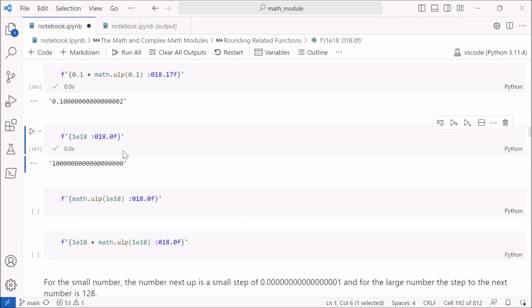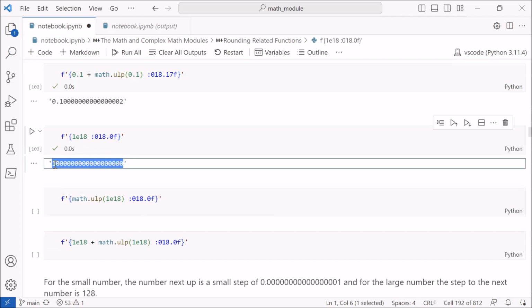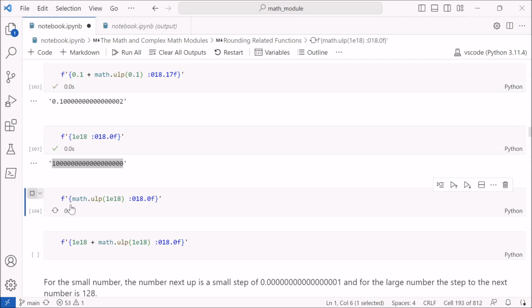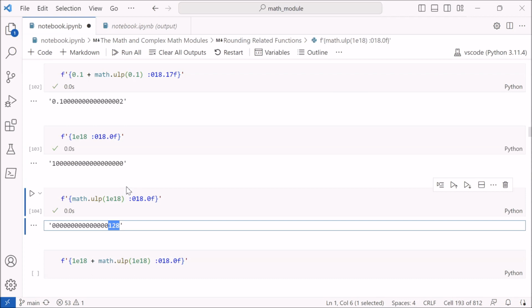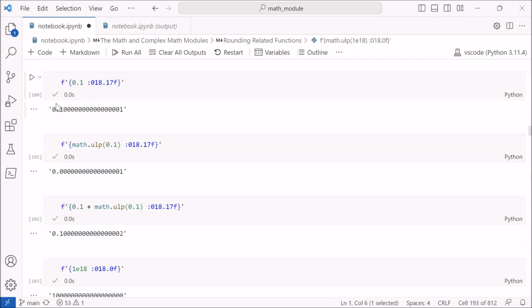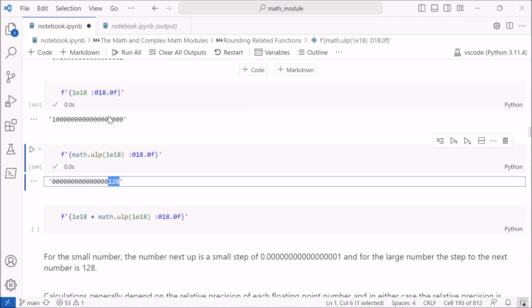So if we take a large number, so this one has a lot of zeros before the decimal point, and we have a look at the unit in last place, we see we've actually got a massive number. So this is 128. So it's not massive compared to this number, but 128 compared to this number is very, very large.